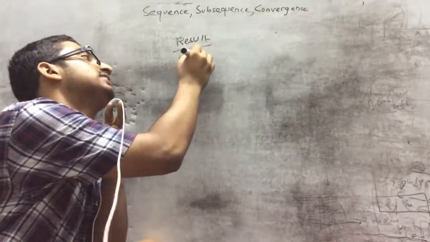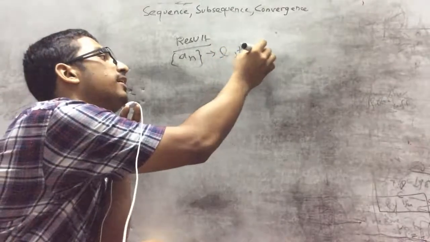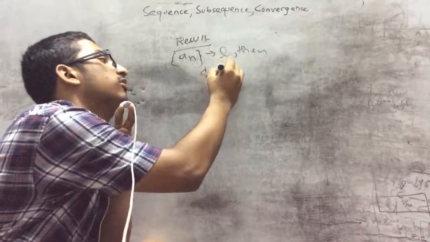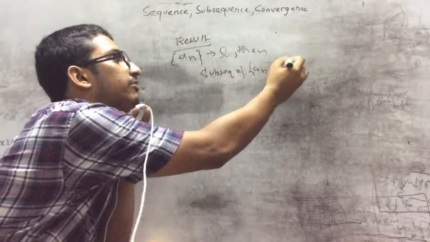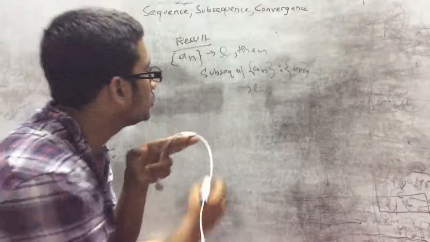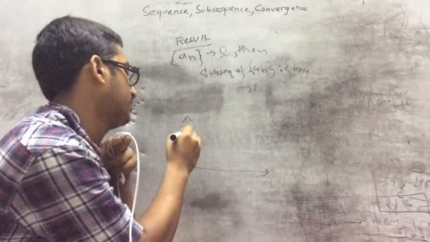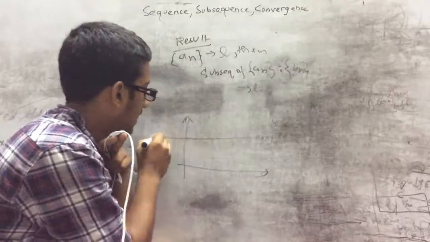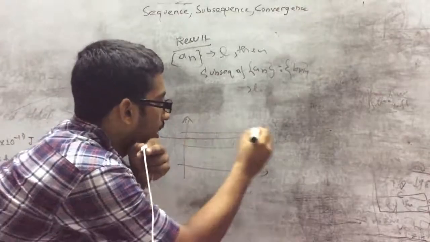If a sequence a_n converges to L, then a subsequence of a_n, let's define it as b_n, also converges to L. And this is very easy to see if you draw the geometry. Draw the L and take any epsilon greater than 0.